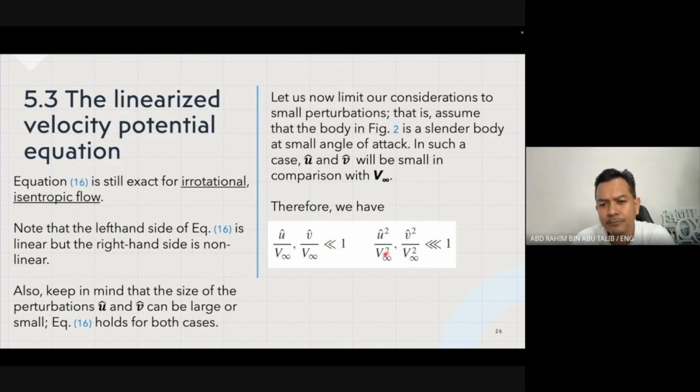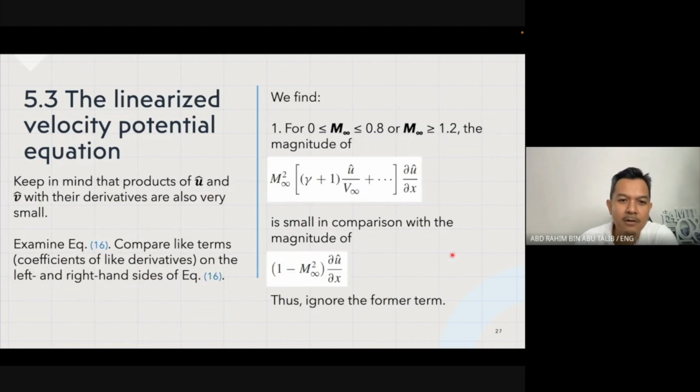At the same time, the perturbation u squared as well as v squared with respect to the free stream velocity are very, very small. So keep in mind that the products of the perturbation velocities u and v with their derivatives are also very small.